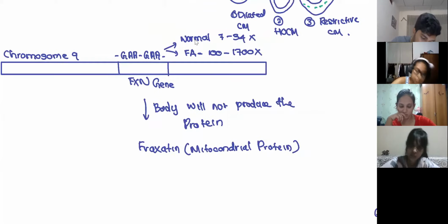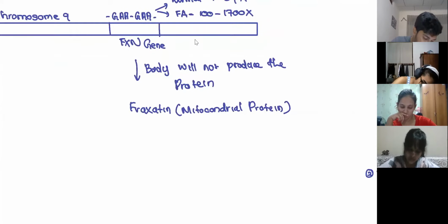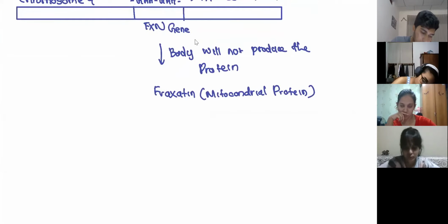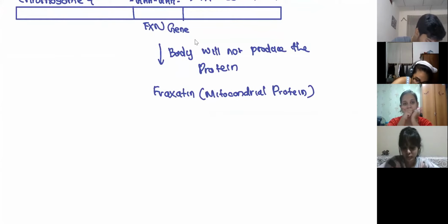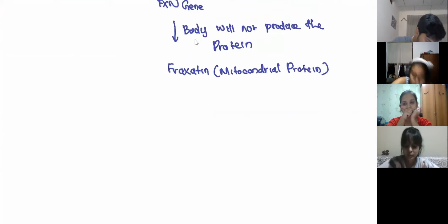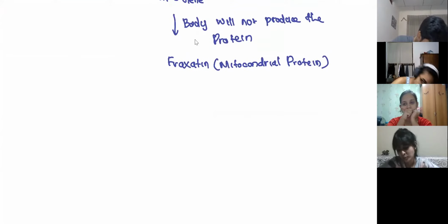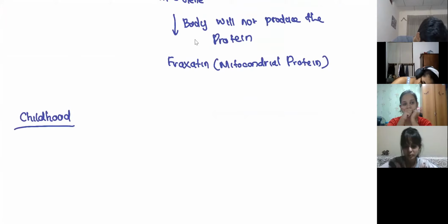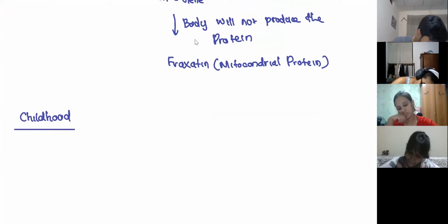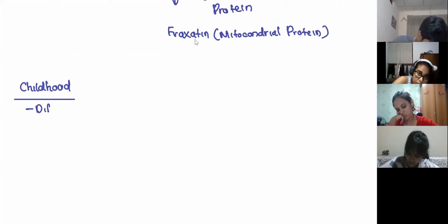Now, as you know, our nervous system and heart have very high activity in terms of energy usage. Okay, so if there is a deficiency, it begins in childhood. Okay, these children will have difficulty walking.